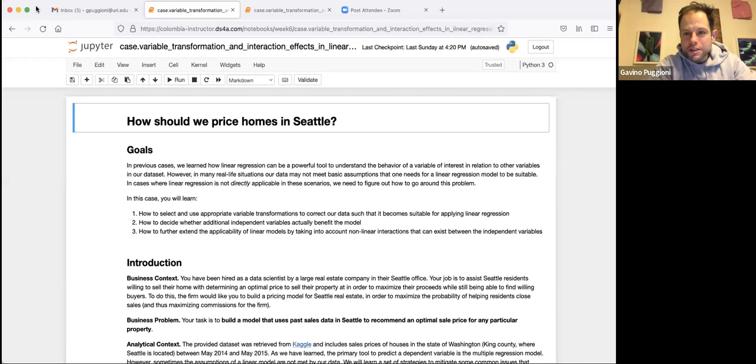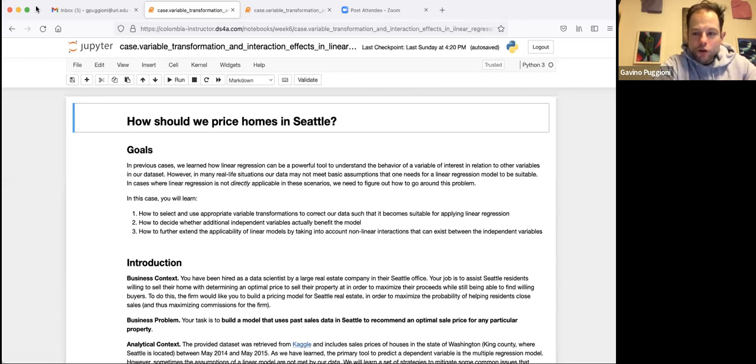So the main goals of this case will be how to select and use appropriate variable transformations to correct our data so that it becomes suitable for linear regression. And also we'll discuss whether an additional variable to introduce in our model is always recommendable.